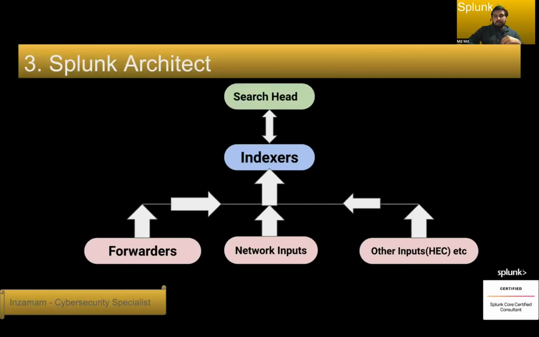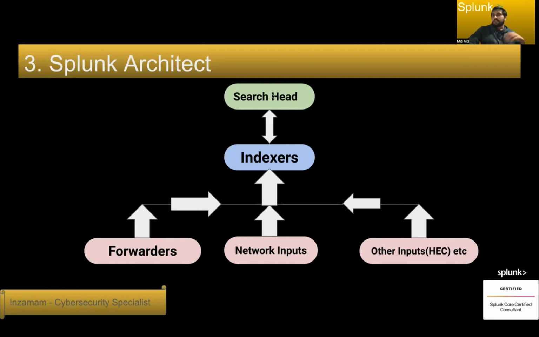And yeah, this is a technical representation of the data. We use forwarders. This is a technical term, an agent that we install on different sources. We can have network inputs and HEC tokens, the HTTP Event Collector, that we can use. Then we can send the data to indexers where we store the data. Then we'll have a search head.